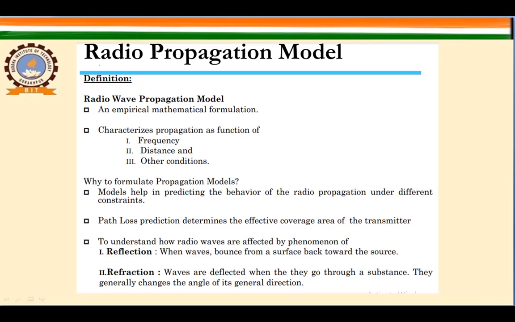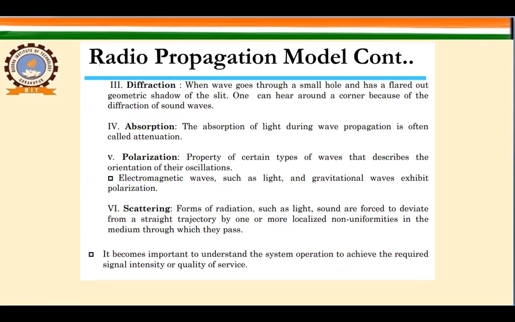They generally change the angle of their general direction. Diffraction takes place when there is a sharp cut in the geometric view, or shadow, when the wave goes through a small hole and flattens out into the geometric shadow of the slit. So one can hear sound around a corner because of the diffraction of sound waves.